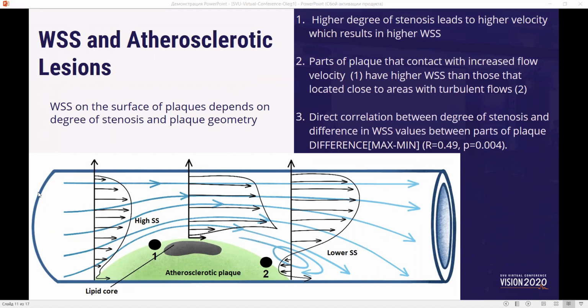Parts of plaque that contact with increased flow velocity have higher wall shear stress than those that are located close to areas with turbulent flows. This difference depends on degree of stenosis. We found direct significant correlation between difference in wall shear stress values among parts of the plaque and degree of stenosis.